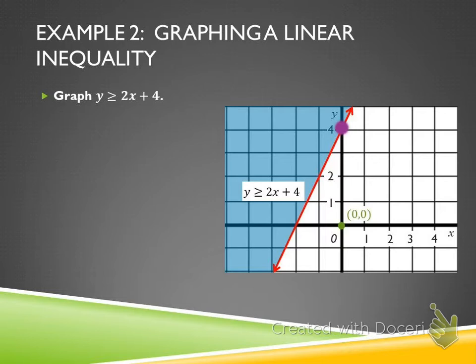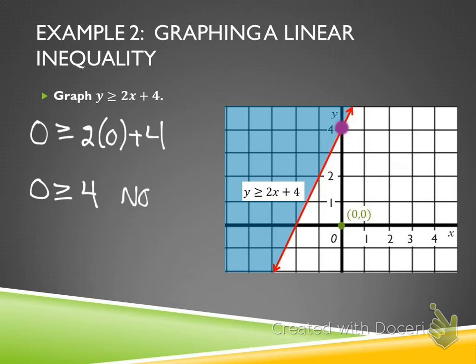And now we have to figure out which side of the line is going to be shaded, so we use our test point. We've got 0 is greater than or equal to 2 times 0 plus 4. We're testing our solution now. Is it true that 0 is greater than or equal to 4?